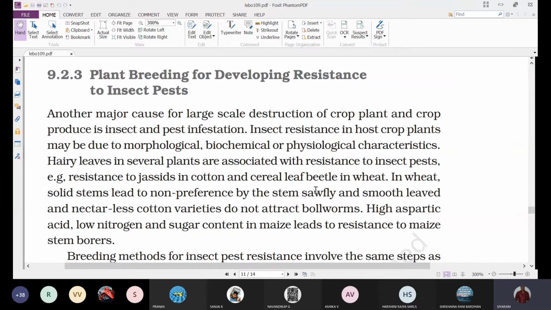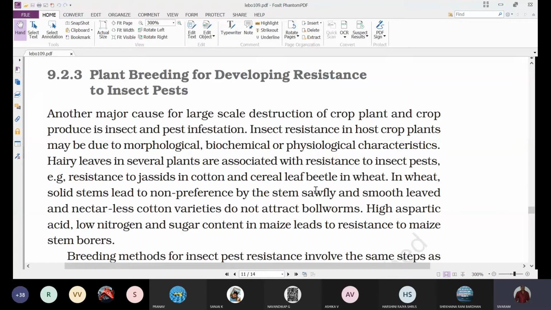For example, resistance to jassids in cotton and cereal leaf beetle in wheat. That means we have developed resistance against an insect called the jassid in cotton, and an insect commonly called the cereal leaf beetle in wheat.